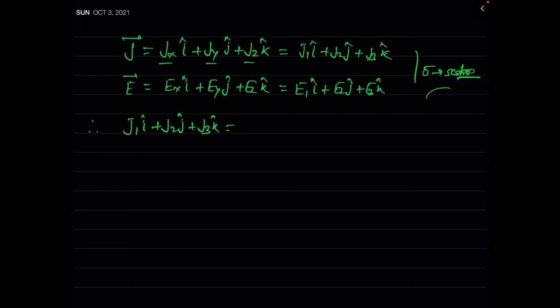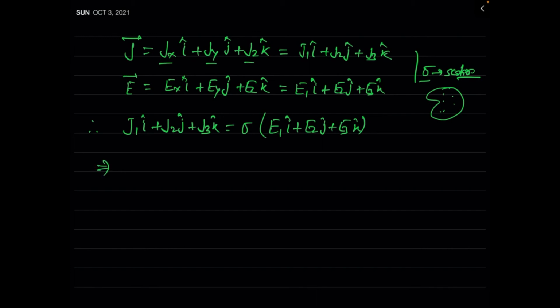If the material is isotropic, at each and every point this quantity sigma has a unique value. So we will simply write sigma, and instead of E, now write E1 i plus E2 j plus E3 k.